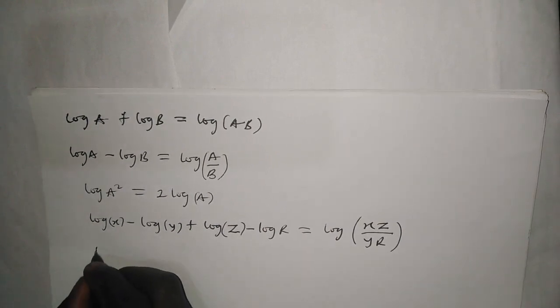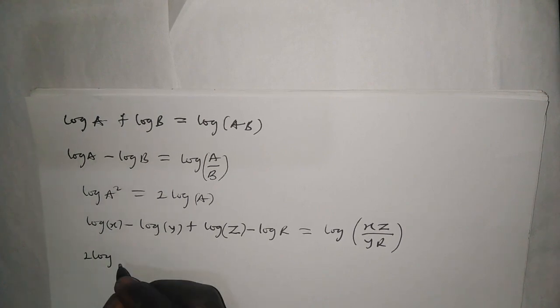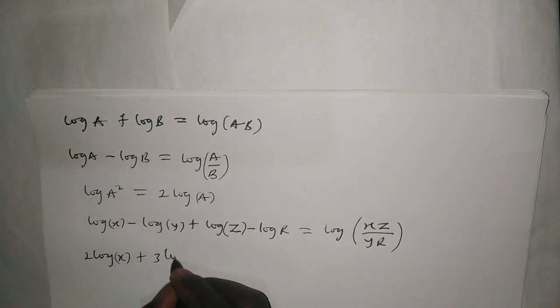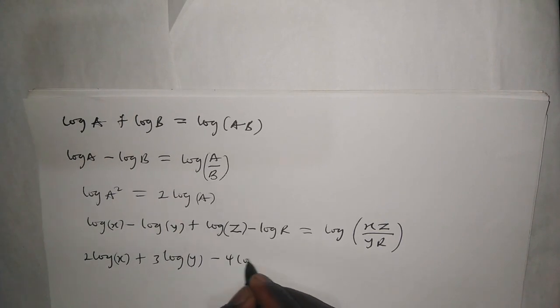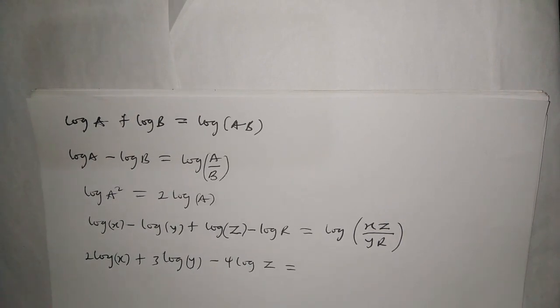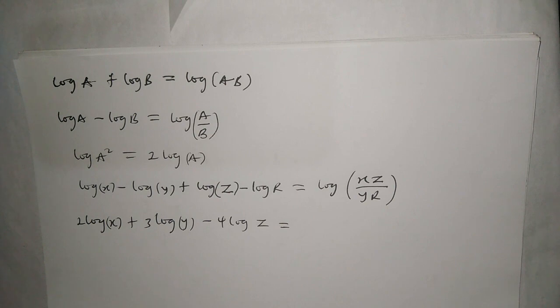So what if you have 2 log x plus 3 log y minus 4 log z? How do you condense this log to a single log? You know, from the power rule, whenever you have log a raised to power 2, you can write it as 2 log a. Now in this case, you do the reverse.